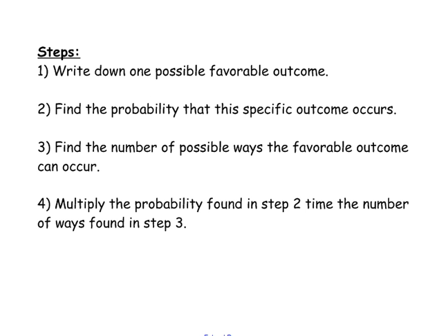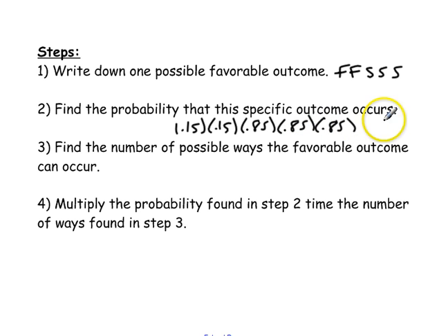Okay. The steps for finding the probability of a binomial experiment when the probability doesn't equal 1/2 is to first write down one possible favorable outcome. We did that when we said 2 failures and 3 successes. Then find the probability that this specific outcome happens. We did that when we multiplied 15 hundredths times itself twice, and then 85 hundredths times 85 hundredths times 85 hundredths.